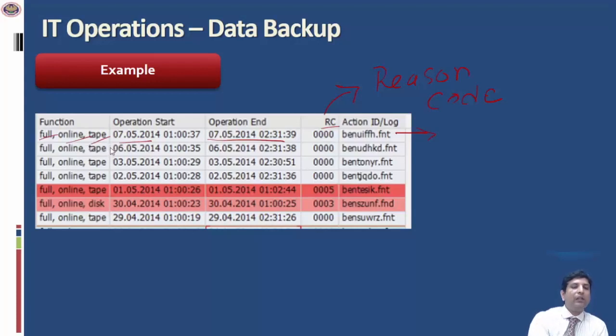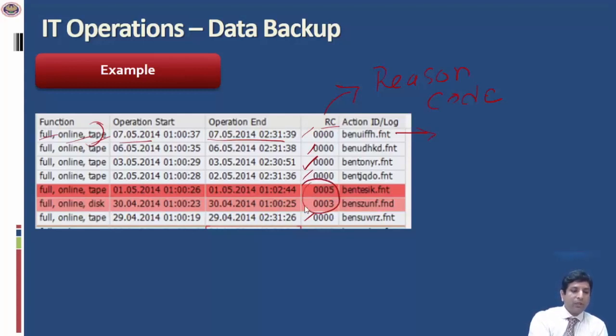That device here in this case is a tape device. Now we can see that every day the backup is successful, which is indicated by the return code or reason code 000, 4 zeros.